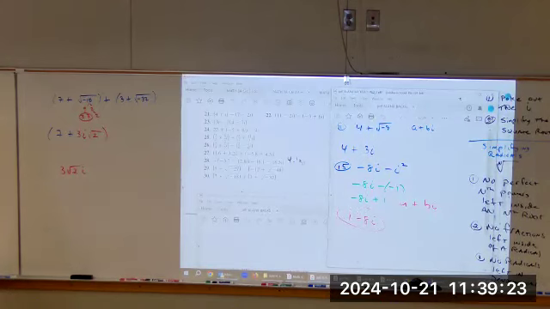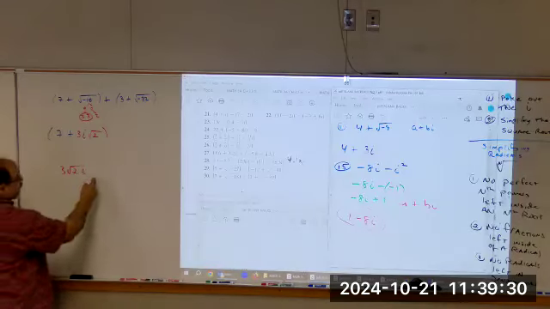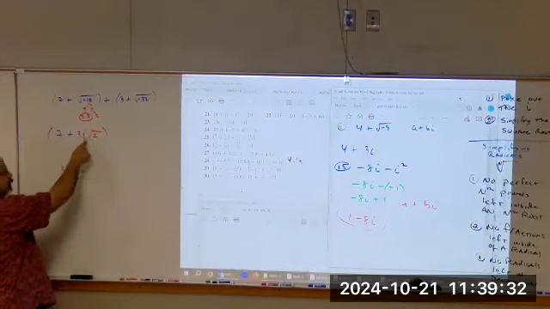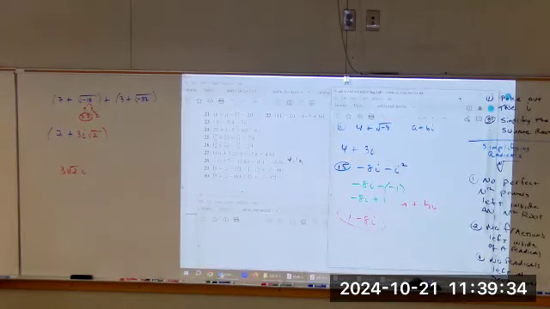Even when the book writes it, sometimes I can't tell if it's inside the radical or outside the radical. If you put it in front of the radical, now I know it's not inside the radical. So treat it like a variable, put it in front. There's less confusion when you're dealing with it and when I'm trying to grade it.